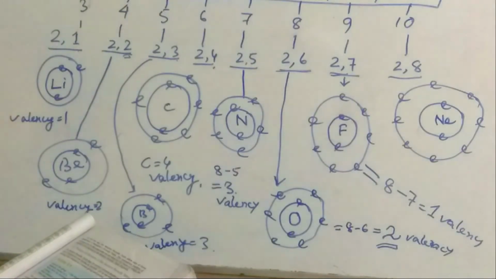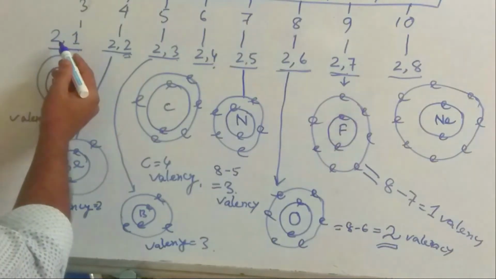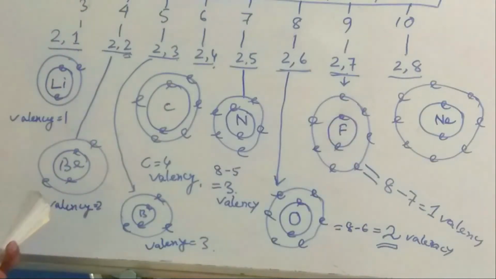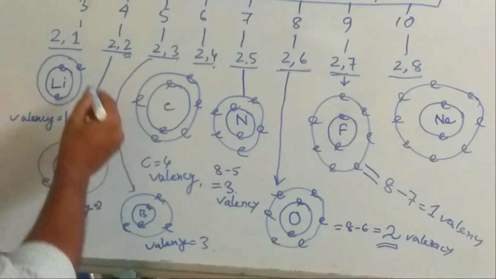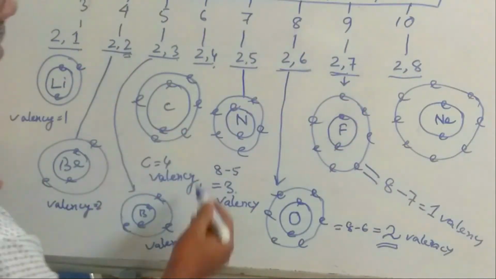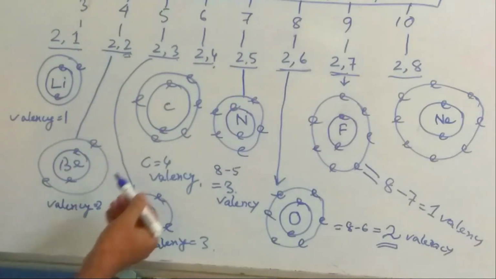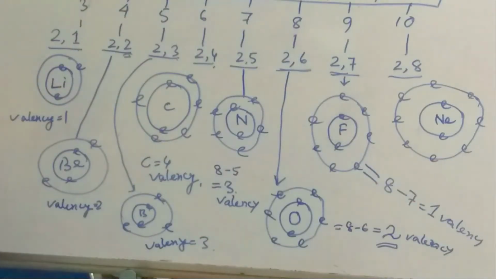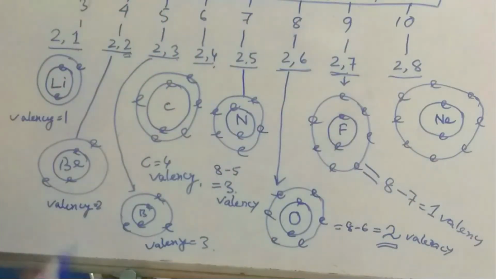Again, do these elements also contain the same number of valence electrons? No. The number of valence electrons increases from left to right on a period. Do they contain the same number of shells? Yes. On a period, they contain the same number of shells. Here lithium contains 2 shells, beryllium 2 shells, carbon 2 shells, fluorine 2 shells, neon itself also 2 shells.